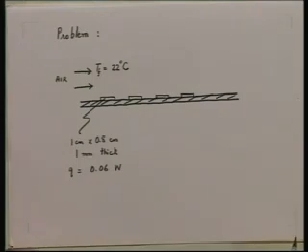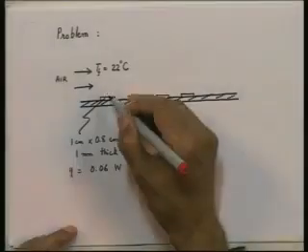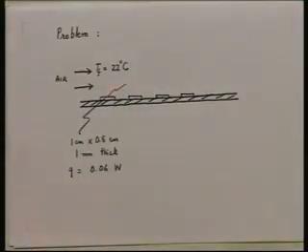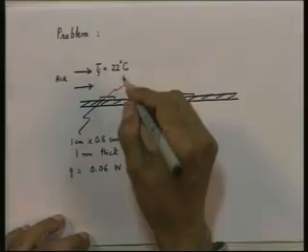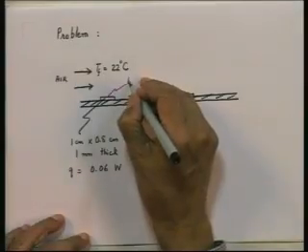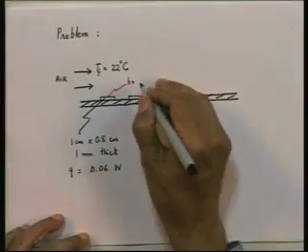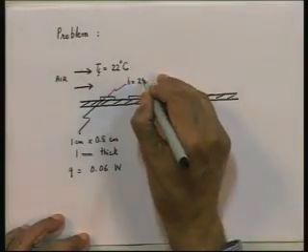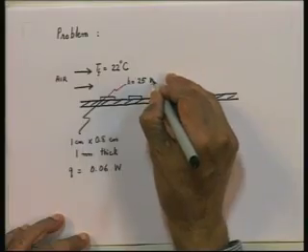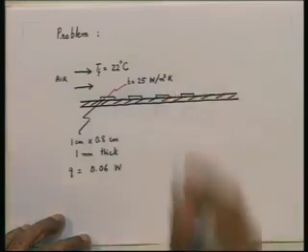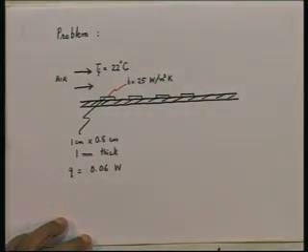You are told that the value of H at the surface of this chip, the heat transfer coefficient, is 25 watts per meter squared degrees Kelvin. That is the value of H. All right.